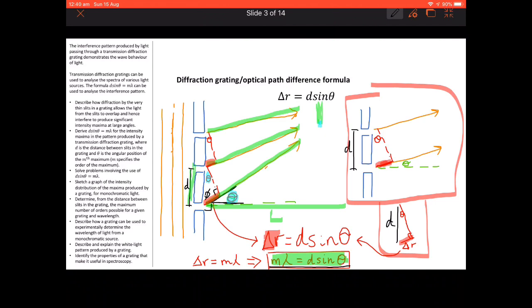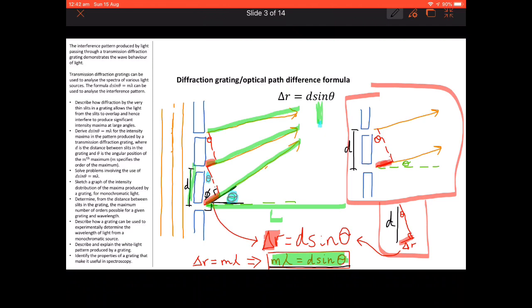And therefore, because the path difference is the same between each successive wave, or the waves from each successive slit, at each fringe point, so at each constructive interference or maxima, however many waves from however many slits are in phase, and this results in positive interference or constructive interference.